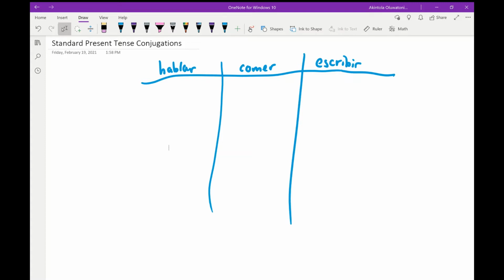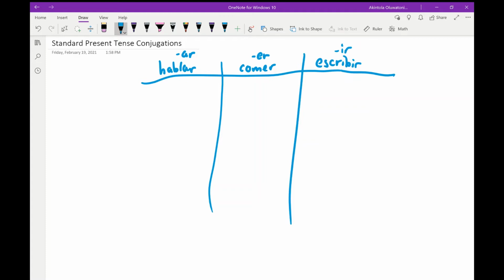But it's important to understand that there are three different kinds of ways that verbs can end. You have hablar over here, which is our stand-in for the AR verbs. Comer, which is going to be representing all the ER verbs. And escribir, which is going to be representing all the verbs that end in IR.